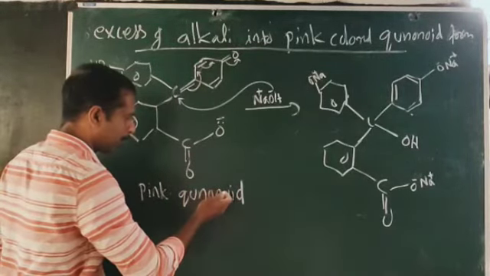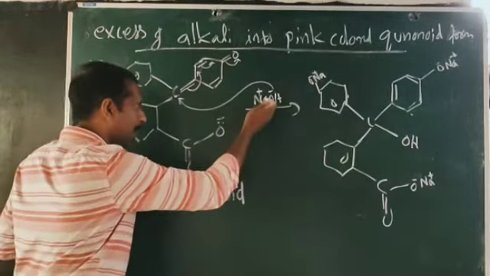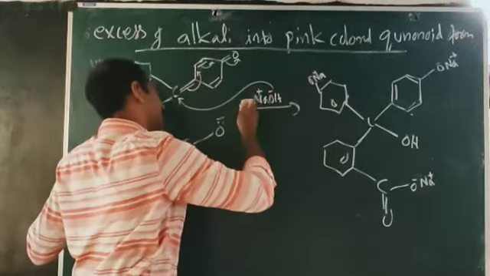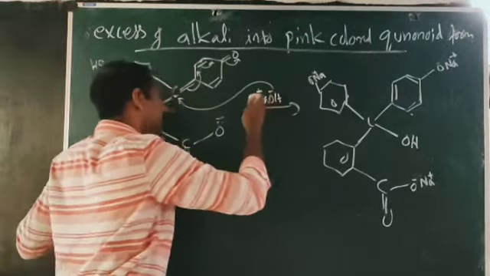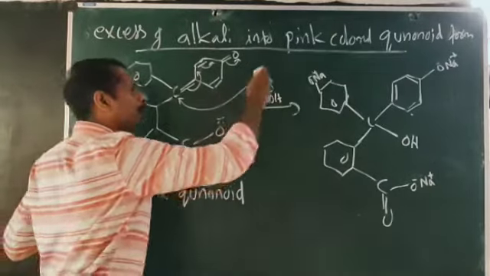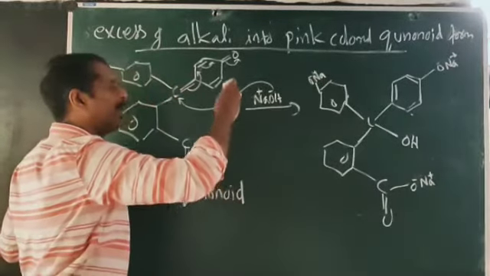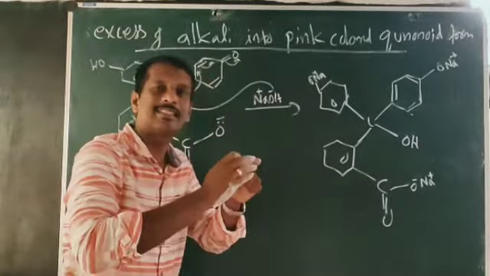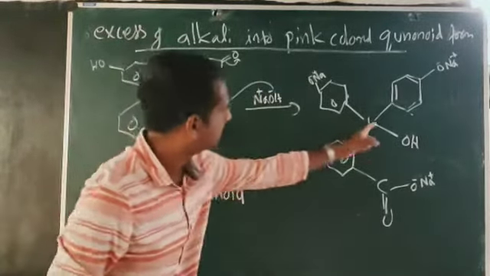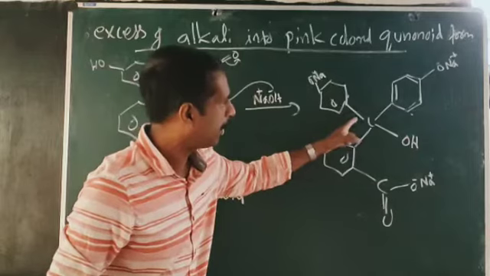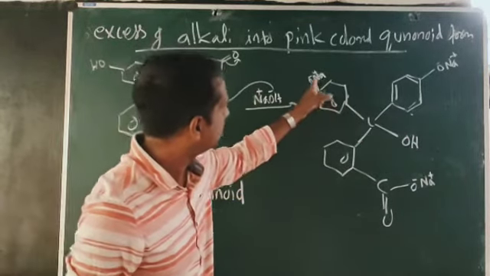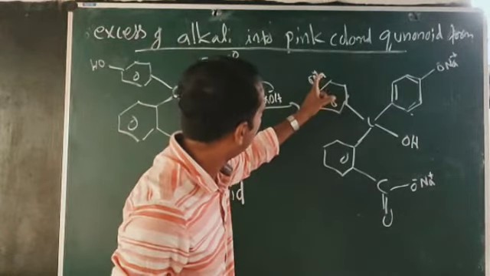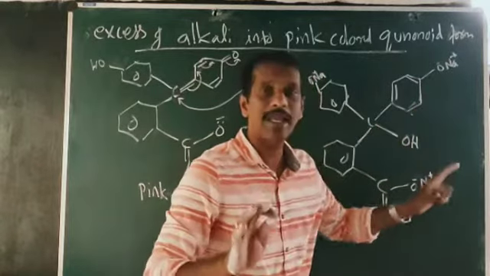This pink colored quinoid form, when you add excess of alkali, excess of base, it will undergo a rearrangement. This quinoid structure is destroyed, and you can see that it will change into a trisodium salt. 1, 2, 3.